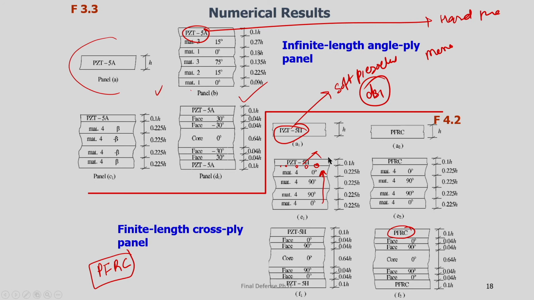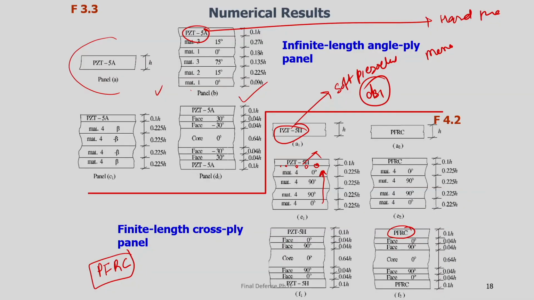So there is a concept of piezo fiber reinforced composite, where we mix a matrix material with reinforcement. It is still not commercially available, and very little work has been done in this area.